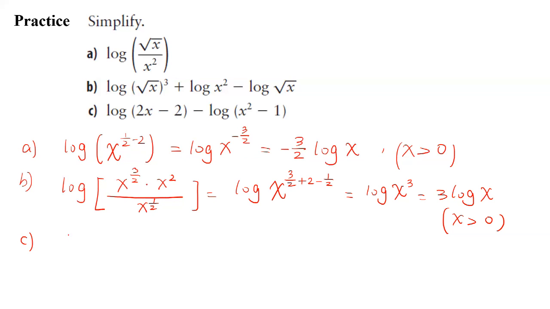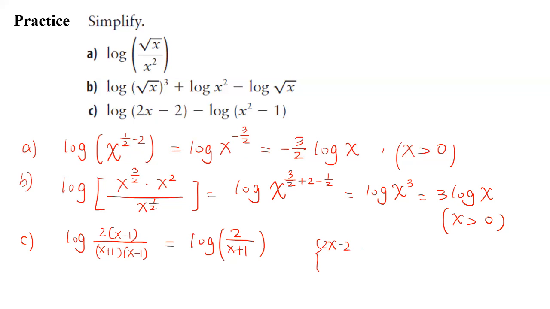Next one, this is according to the quotient law, log base 10 of twice of x minus 1 over x plus 1 times x minus 1, which is log of 2 over x plus 1. So note here, first of all, 2x minus 2 must be greater than 0, right?